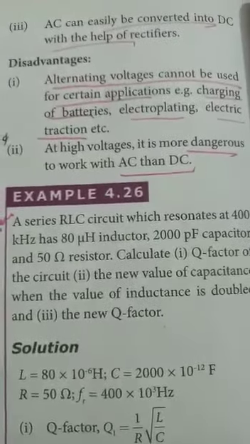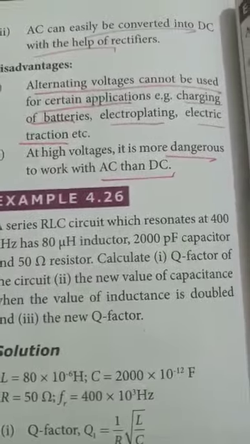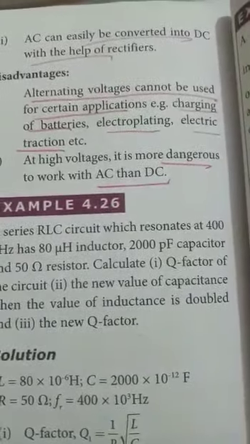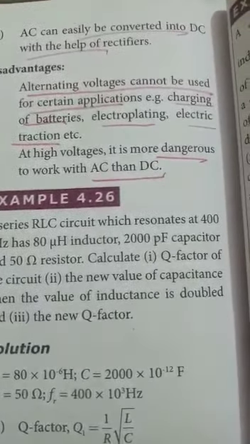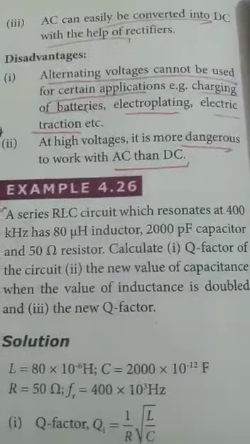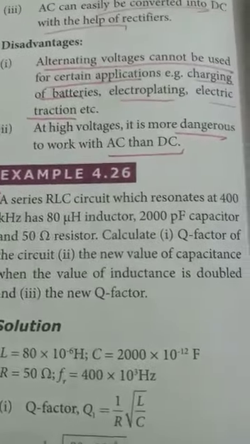Next, disadvantages. Alternating voltages cannot be used for some applications, such as charging of batteries, electroplating, and electric traction. In those cases we cannot use the AC.